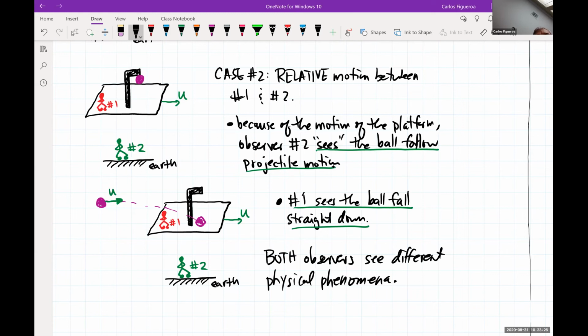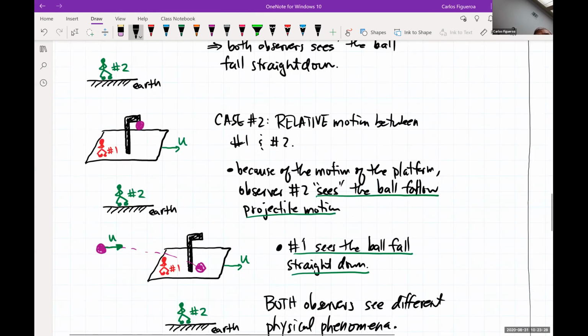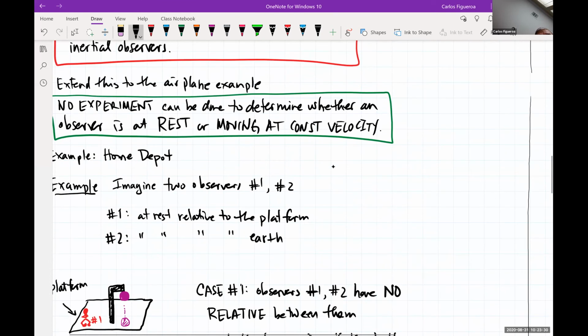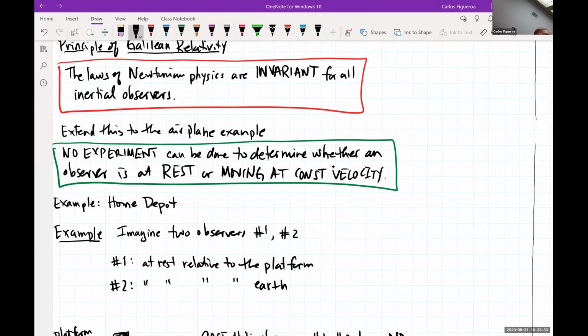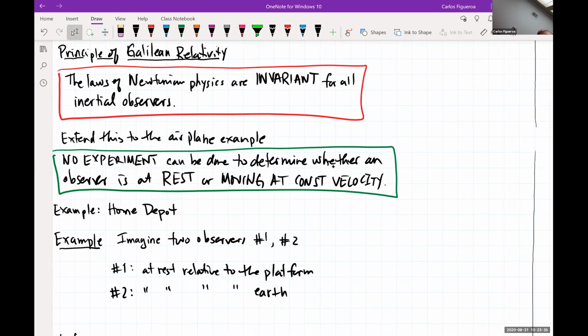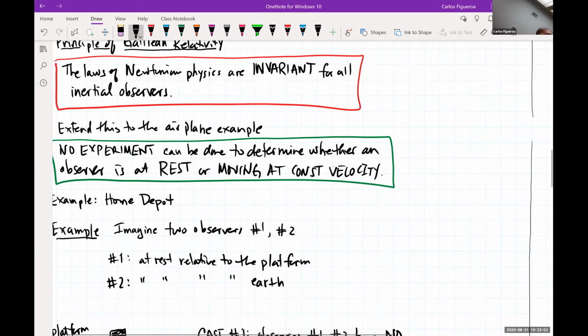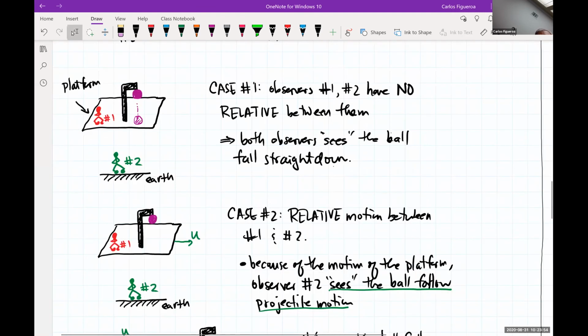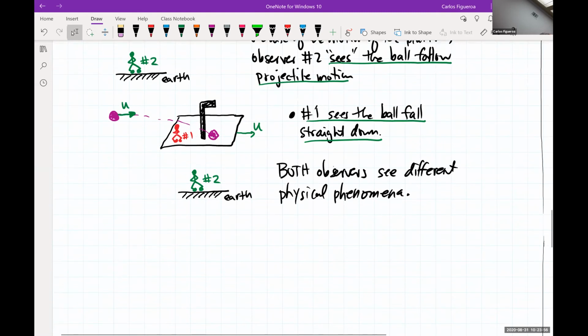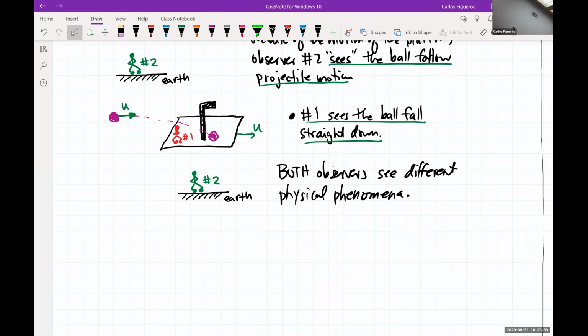So if I come all the way back up to the Galilean principle of relativity, the laws of Newtonian physics are invariant for all inertial observers. No experiment can be done to determine whether an observer is at rest or moving at constant velocity. And what I'm trying to do with this platform is show you that that's exactly what you're seeing here.